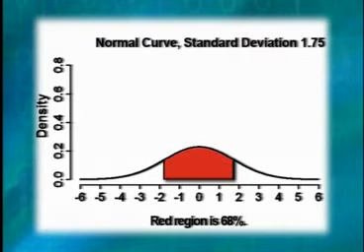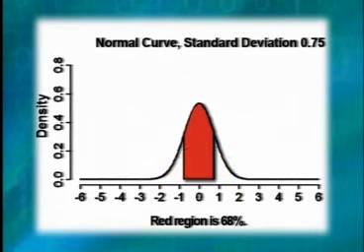Here's a standard deviation of 1.75, and if we take the material that is one standard deviation below and above, it's still 68%. The point is that if you look at a standard deviation of 0.75, that's a more peaked curve, and still the material within one standard deviation of the mean is going to contain 68% of the material.